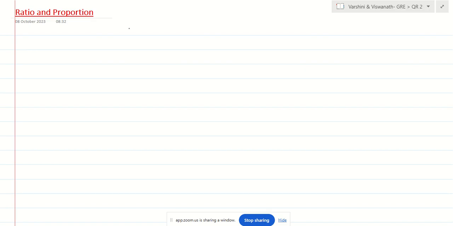Let's assume there are three sections A, B, and C. The number of boys in the first section A is given, let's say 50. B is given 20, and C is given here 30.